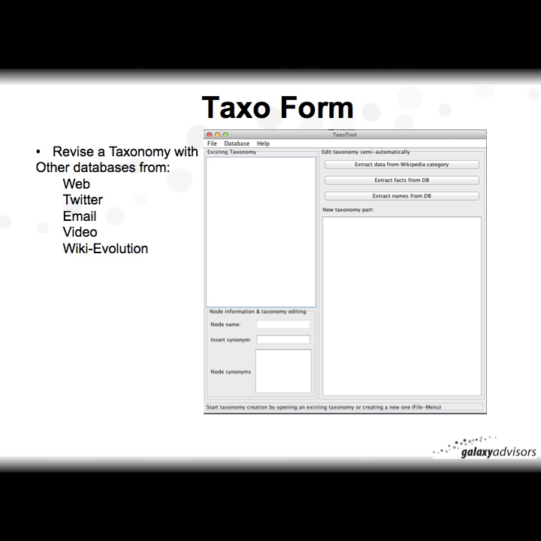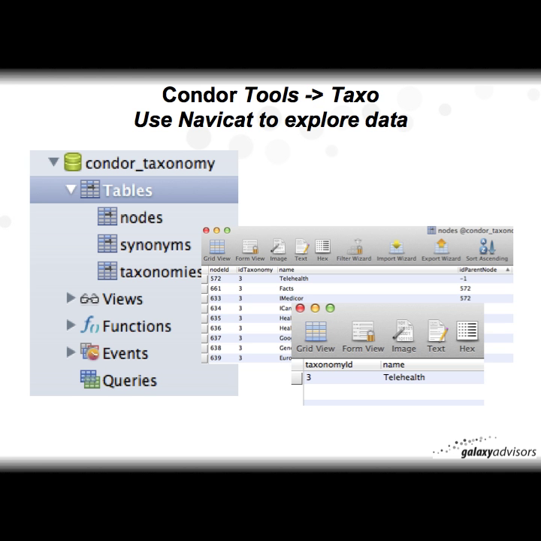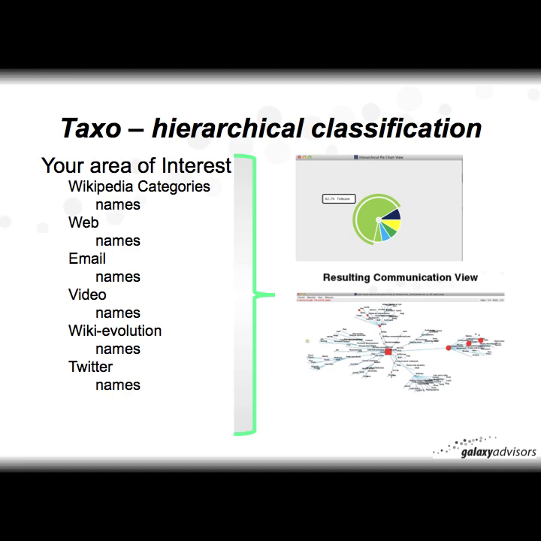So for the next steps, that's our Taxo Form example 2. Again, you can keep revising your taxonomy with other databases from the web, Twitter, email, video, or wiki evolution. And you can always examine that with Navicat, the Condor taxonomy. And if you create multiple taxonomies, they'll be listed there in the data sets.